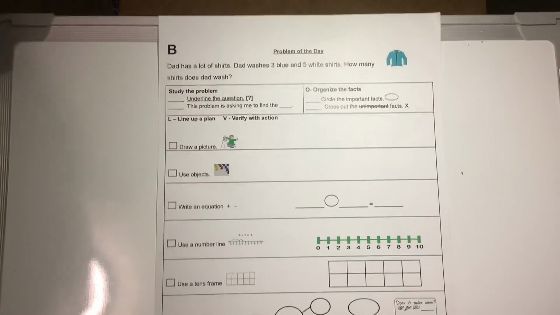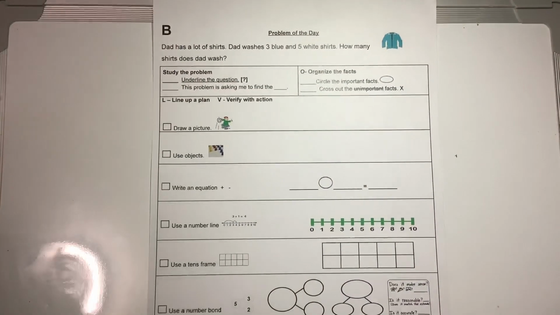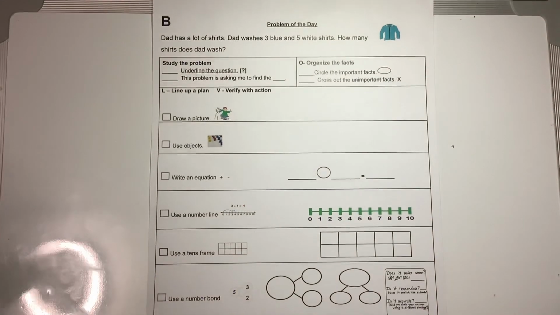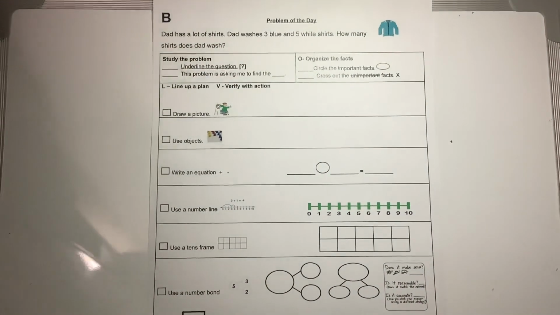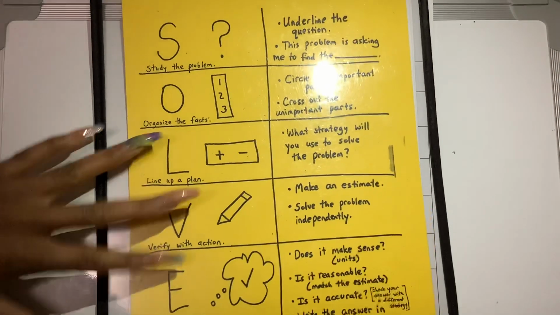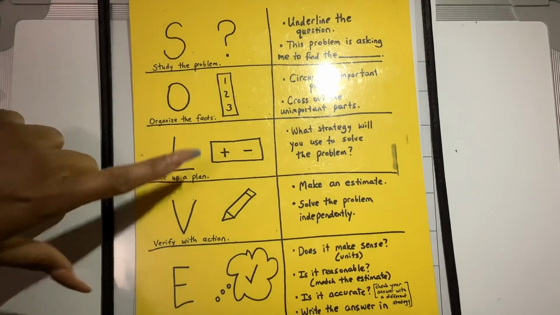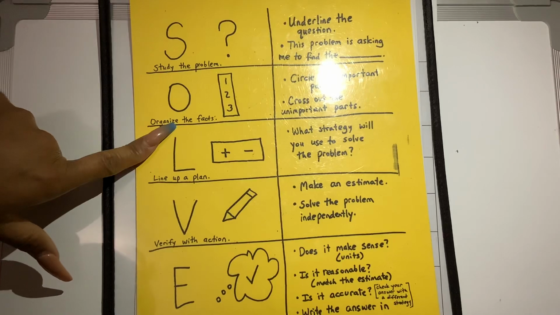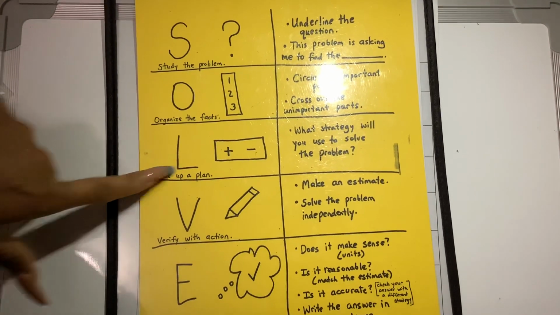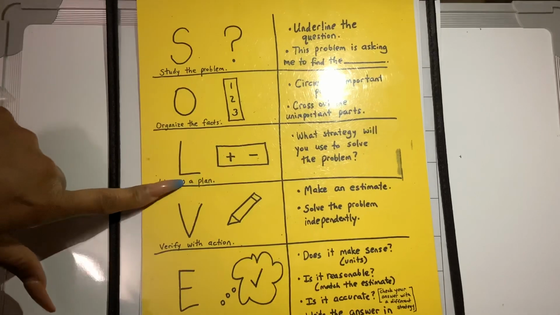Okay, so remember, when we see a word problem, after we've read the problem, we try to guide our own thinking by going through the SOLVE method. S, we study the problem. O, we organize the facts. L, we line up a plan by thinking about what type of problem it is.